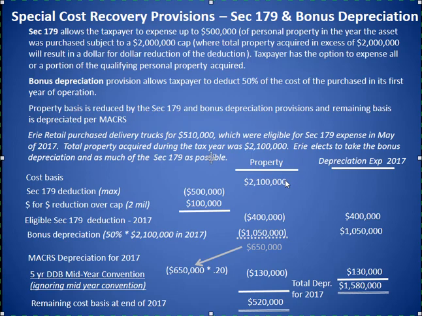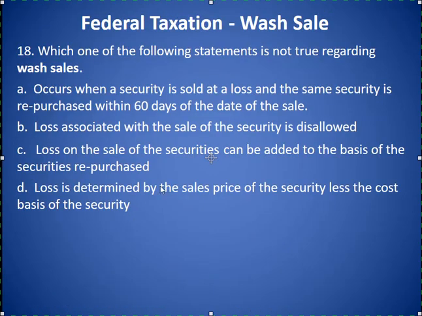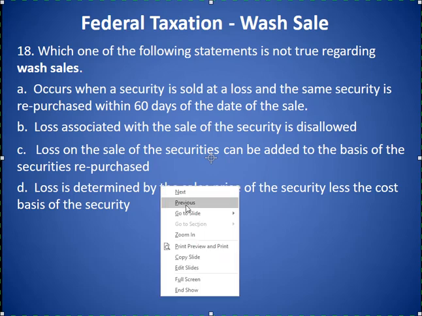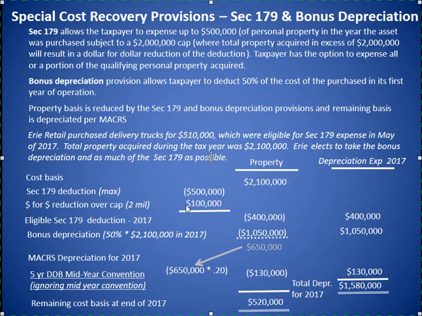For the Section 179 deduction, we can deduct up to $500,000 worth of eligible personal property. Here's our $500,000, but we do have to offset it because we purchased $2,100,000 worth of property, and anything above $2 million is a dollar-for-dollar offset.